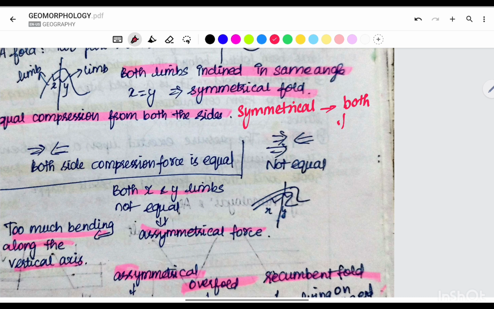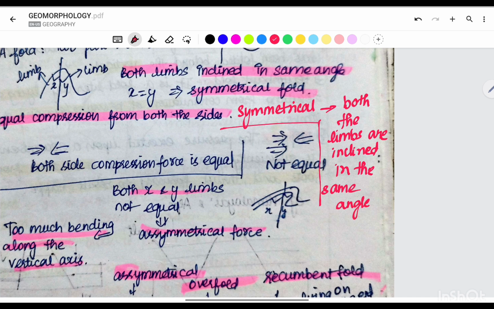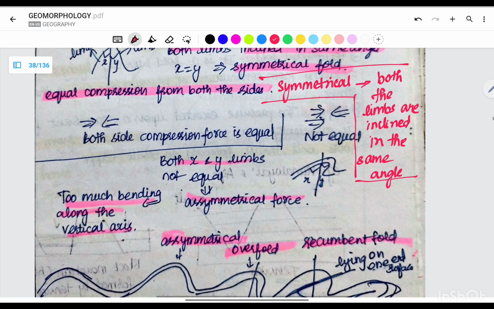Both the limbs are inclined at the same angle, and that is what we have as symmetrical.